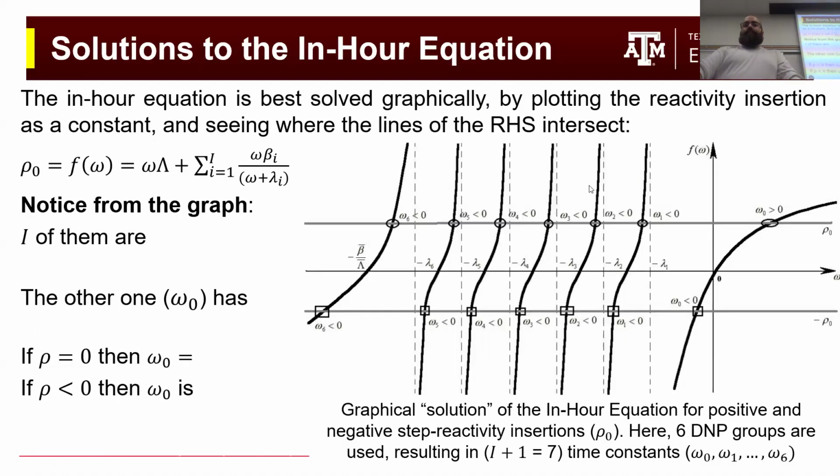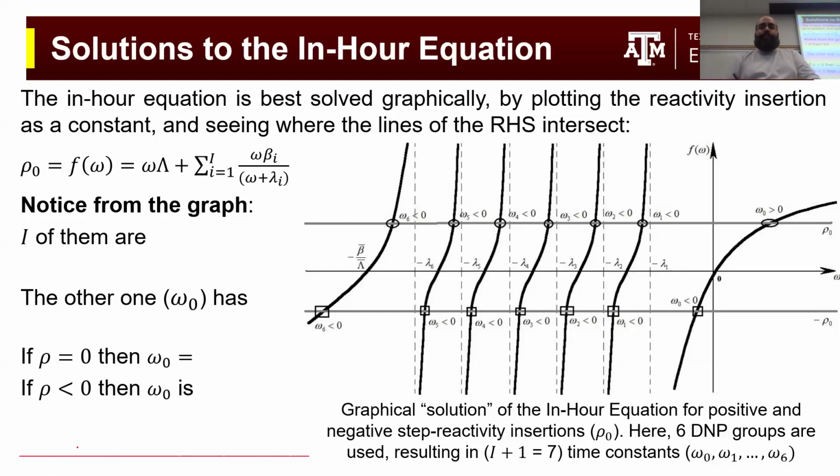So this is what I was trying to describe when I was saying it looks like a weird inverse tan kind of function. If you were to plot this in our equation, this is what it would look like, where the solid black lines are the right-hand side of the equation. When you plot the inhour equation, you're finding the roots, where it crosses some horizontal line.